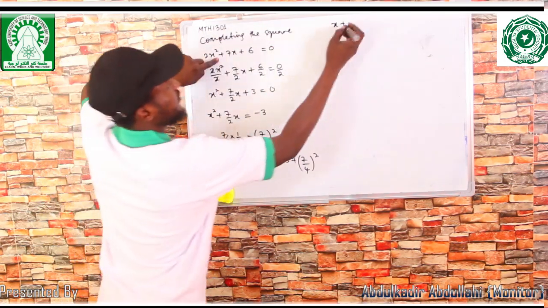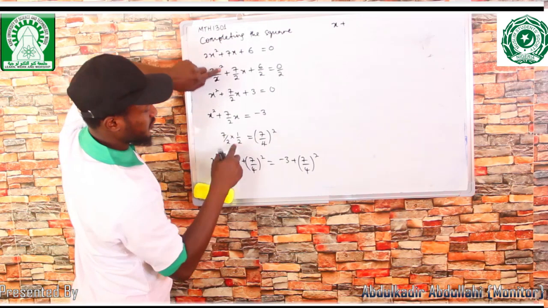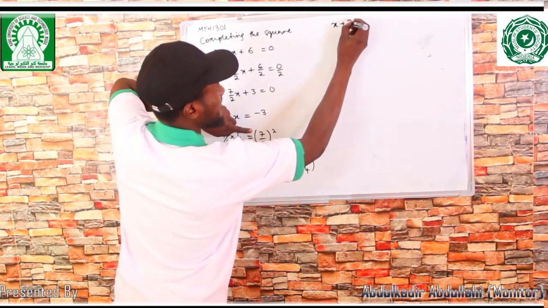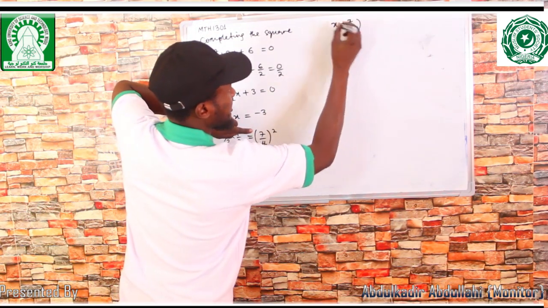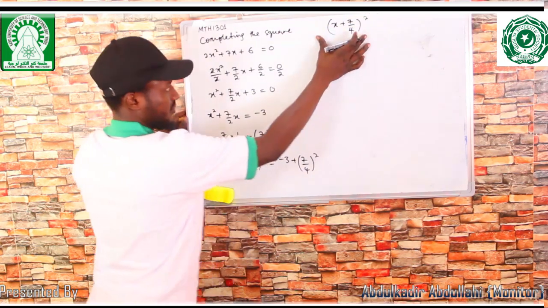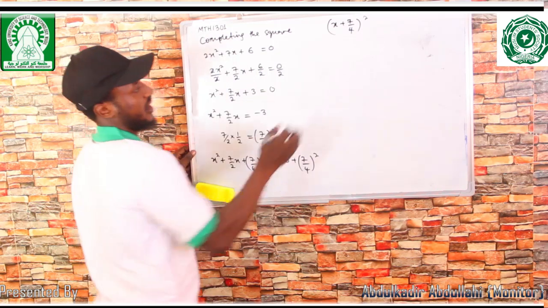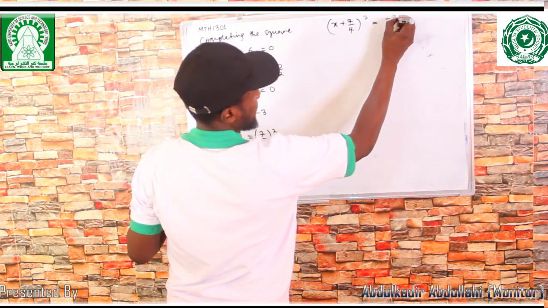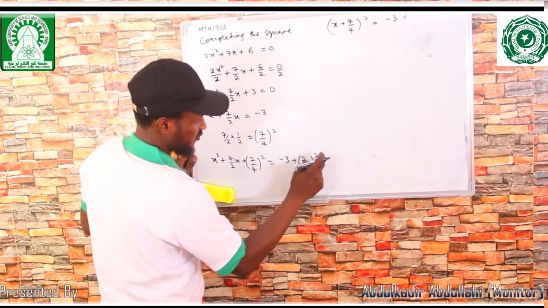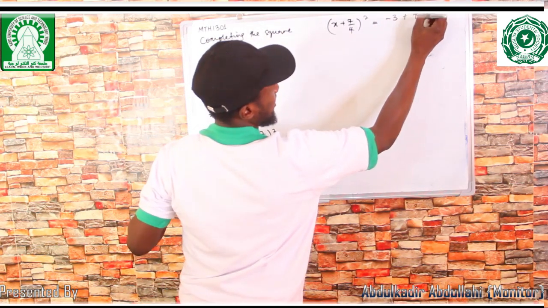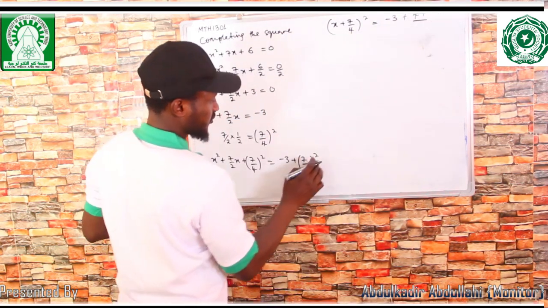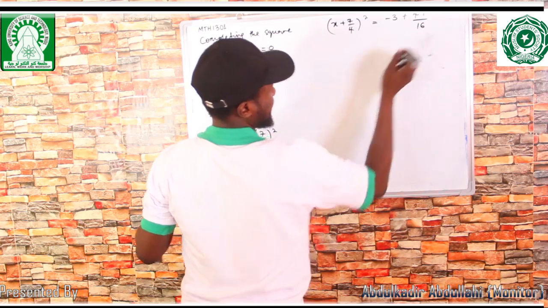Here it is plus, so we put plus 7 over 4, then square it. That means we have factorized this side. Then it is equal to minus 3 plus 7 squared, which is 49, divided by 4 squared, which is 16.